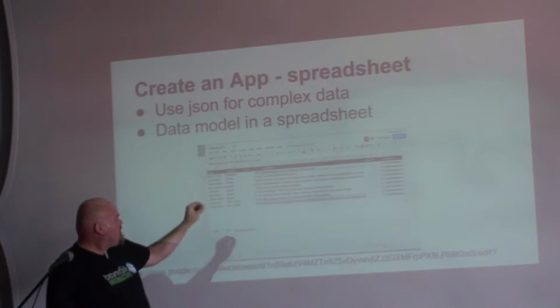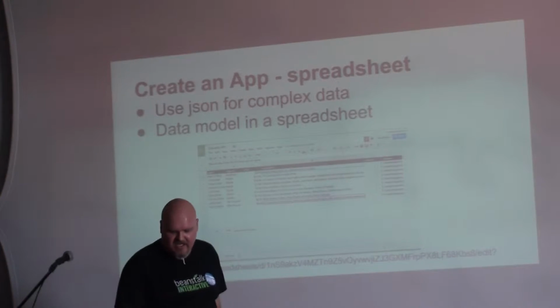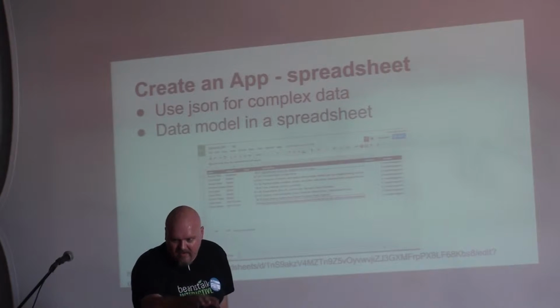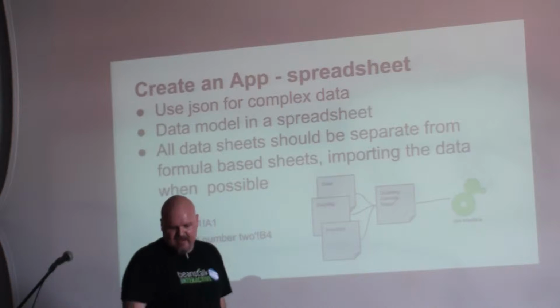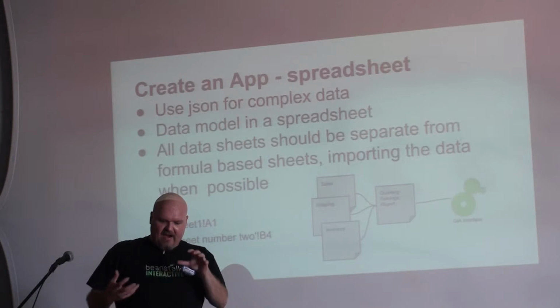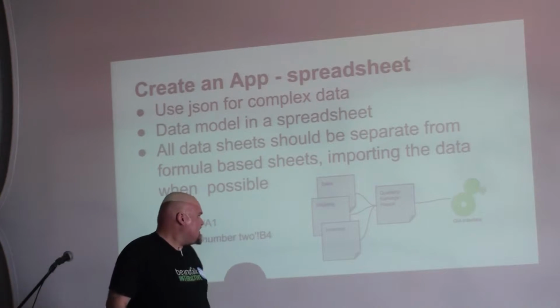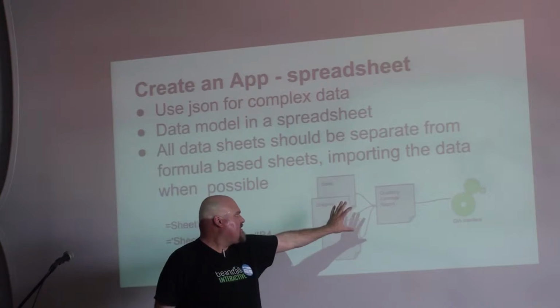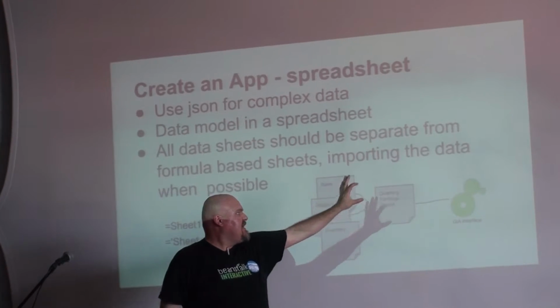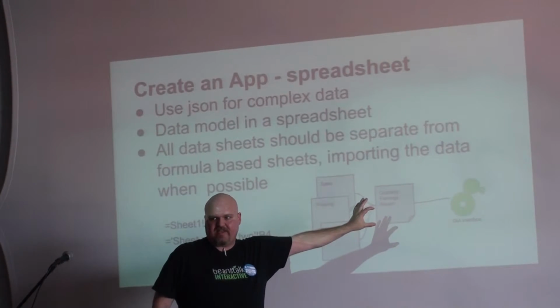After you've built your data model in your spreadsheet, just like this, where your columns are represented and your rows are represented, then you've got an output system. Like in this example, we've got sales, shipping, and inventory building together into one quarterly earnings report, and then that goes out to the GA interface.